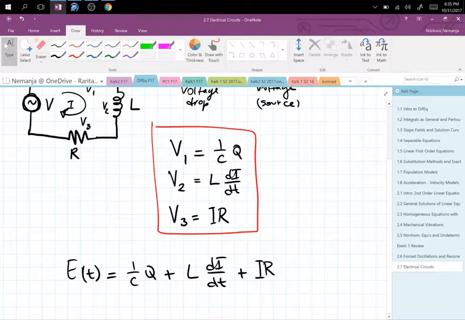And now, what I didn't say is, what is current? I never defined the current I. Current is the change of charge in time. So dq dt.